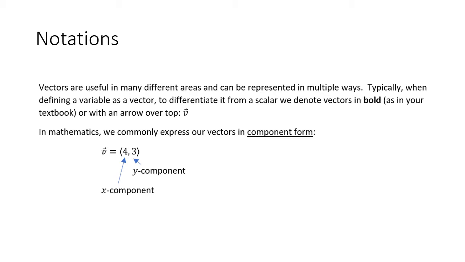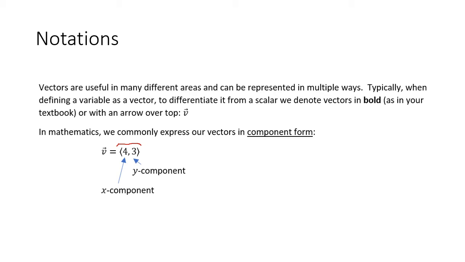Now, in mathematics, we're probably most commonly going to express our vectors in what's known as component form. Component form for a vector consists first of these triangle brackets. If you see these triangle brackets, that's how we denote that what we're talking about is a vector. If it's parentheses, that's an ordered pair. But if we use the triangle brackets, that is absolutely going to denote that we're doing a vector.